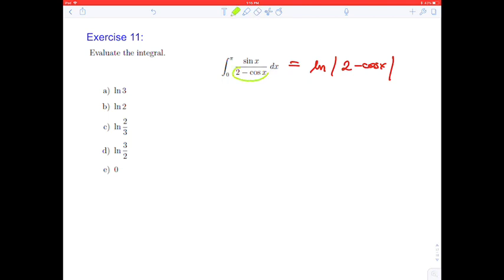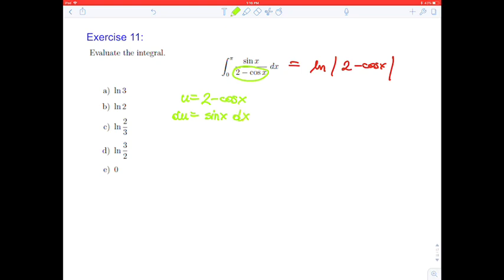Okay, I will let the whole denominator be u. 2 minus cosine of x. du is negative cosine of x derivative, which is just sine of x. Am I right? Because negative and negative will cancel out.